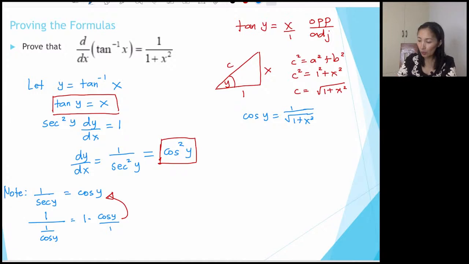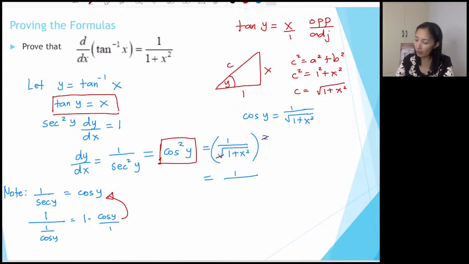So this is equal to 1 over the square root of 1 plus x squared, all raised to the second power, which gives 1 over 1 plus x squared. The radical sign gets eliminated because of the square.